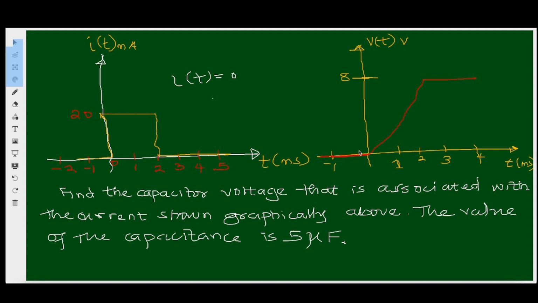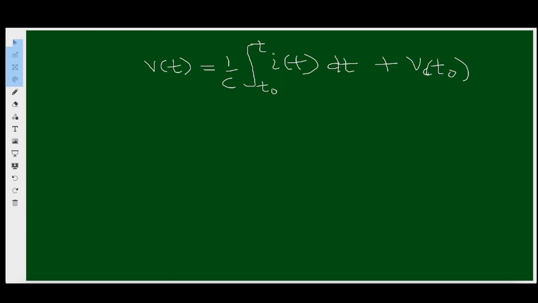And when t is less than 0, V of minus infinity is what? From the left, it is 0, because anything less than 0 for voltage is 0. So if you put this inside the equation, we have what? V of t is equal to what? This is 1 over c integral of 0, right?